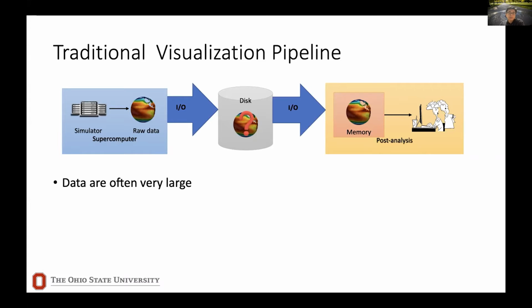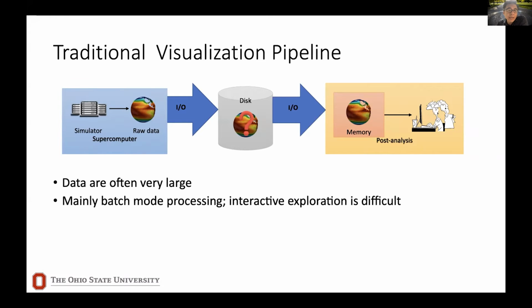Like I said, the challenge is that the data are often very large. Nowadays, you can easily reach several tens of terabytes, 100 terabytes or beyond. And because the size of data is so big, interactive exploration is often very difficult.